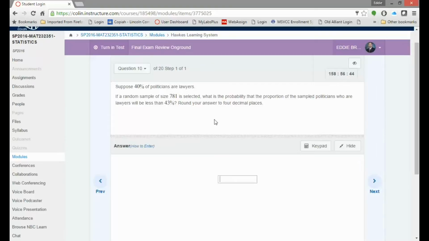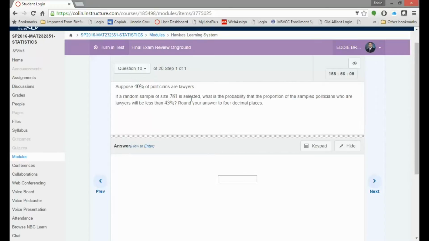Suppose 40% of politicians are lawyers. If a random sample of size 781 is selected, what is the probability that the proportion of the sampled politicians who are lawyers will be less than 43%? Round your answer to 4 decimal places. All right, so here's what we suppose.